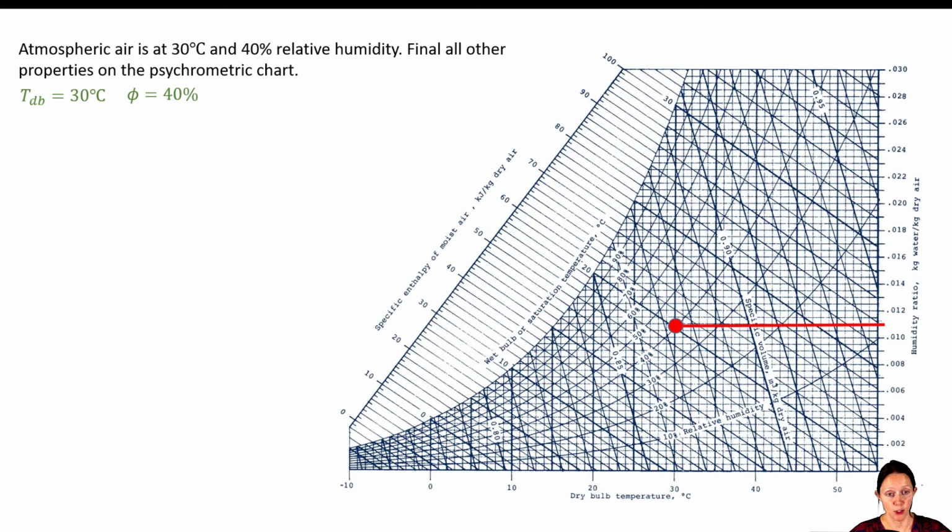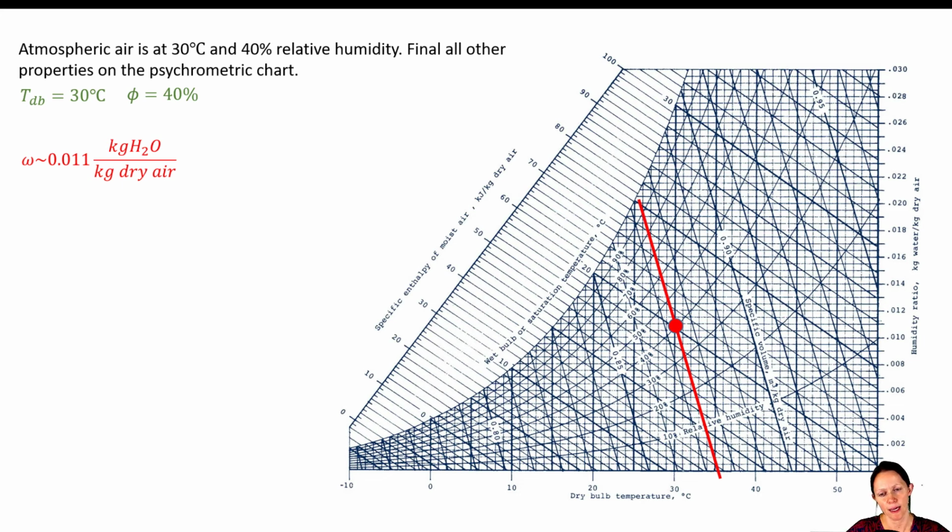Well, I can find my humidity ratio, or the specific humidity, and it looks like it's about 0.011. As long as you're close, that's fine. There is some amount of error involved in reading these charts, so as long as you're pretty close, that's fine with me. The other thing that I can get is my specific volume of the dry air.